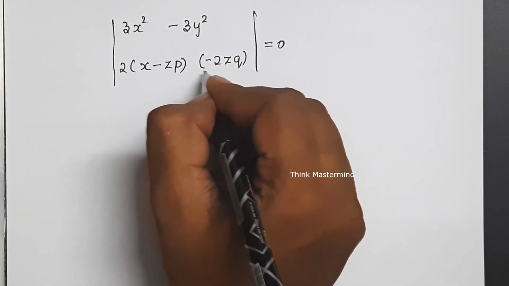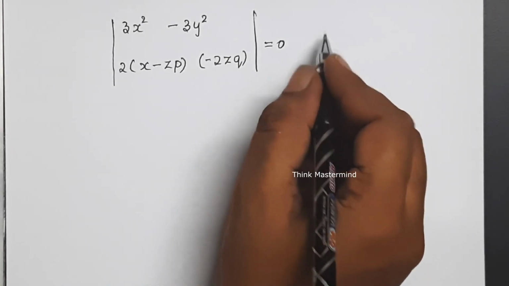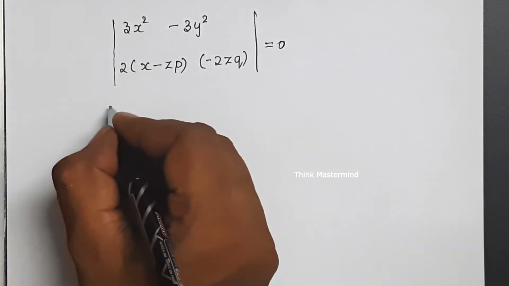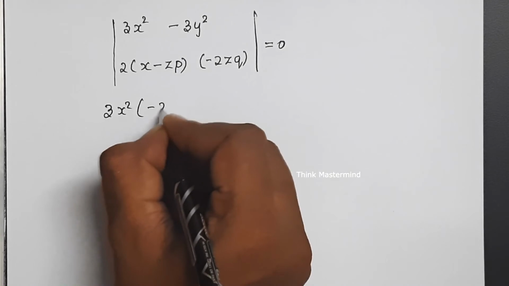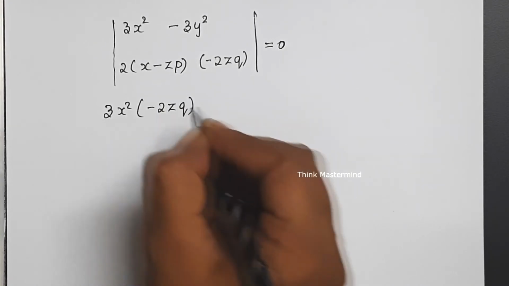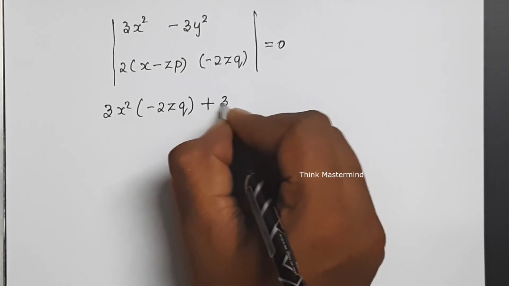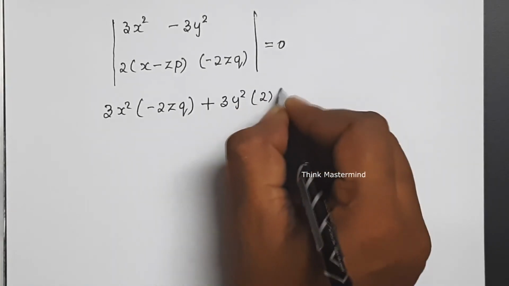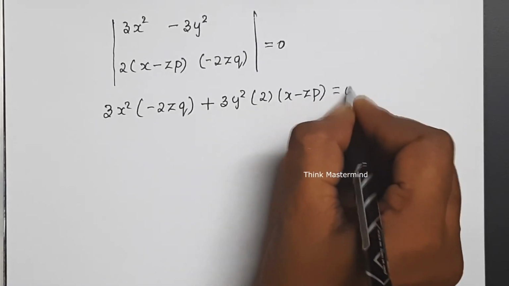So finding the determinant value, the partial differential equation takes the form of Lagrange's linear equation. That is 3 times x square into minus 2 times zq, minus of minus, plus 3 times y square into 2 times x minus zp is equal to 0.